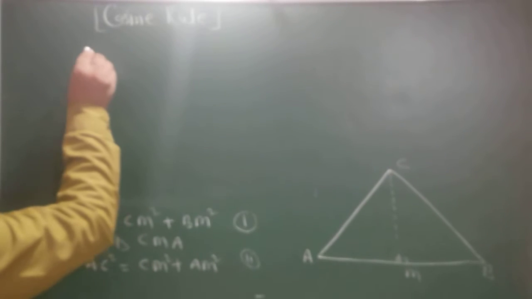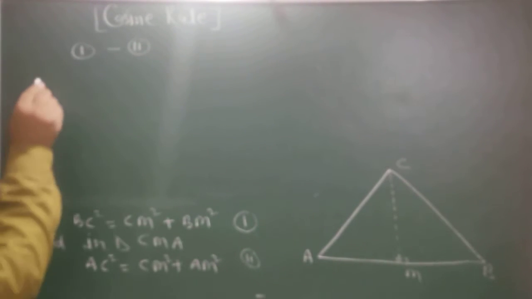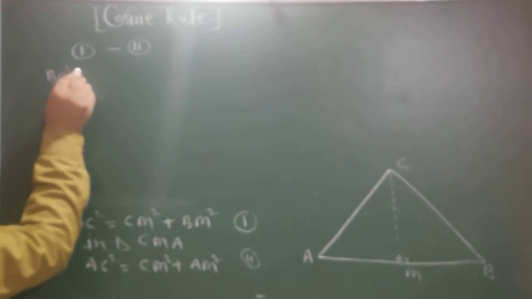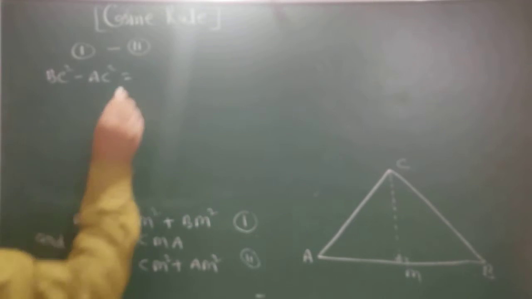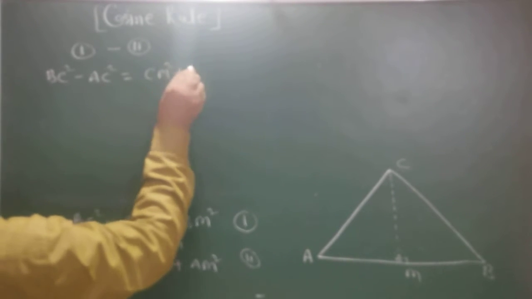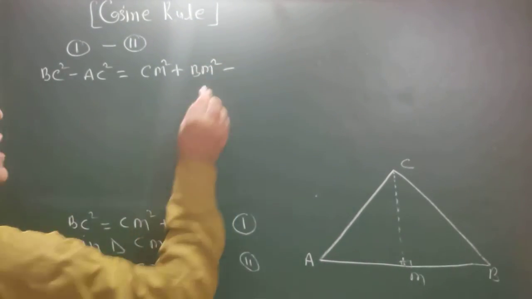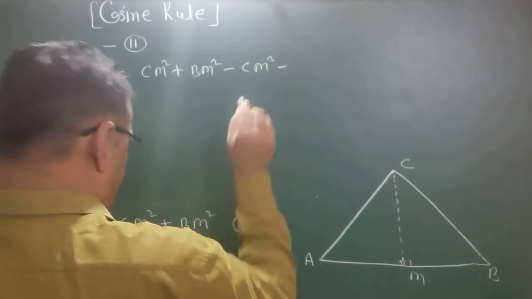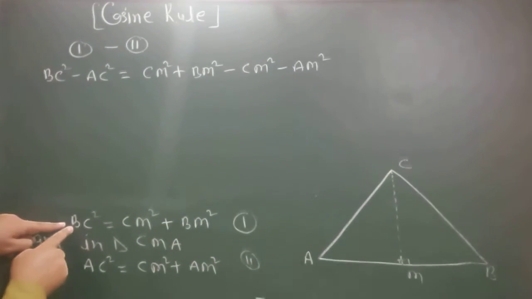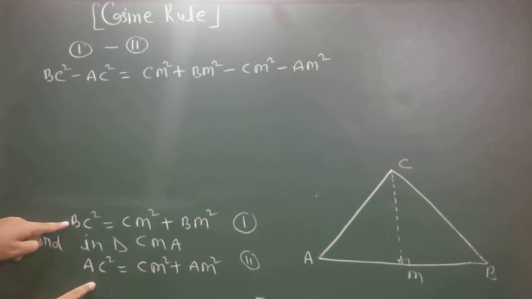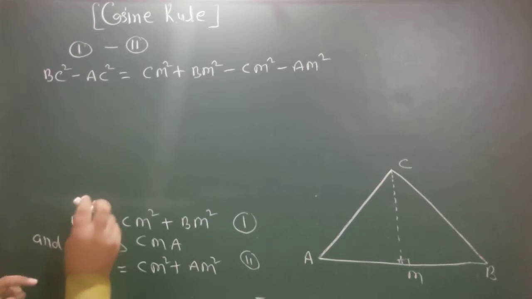Now equation first minus equation second. So we have BC square minus AC square equals CM square plus BM square minus CM square minus AM square.